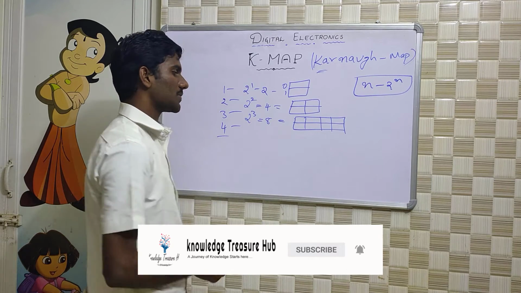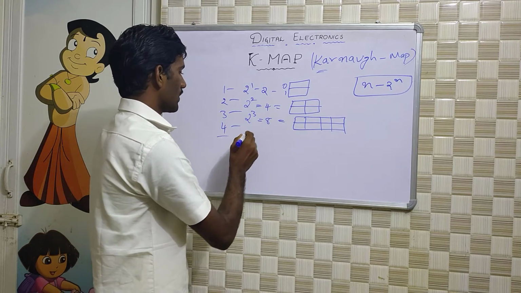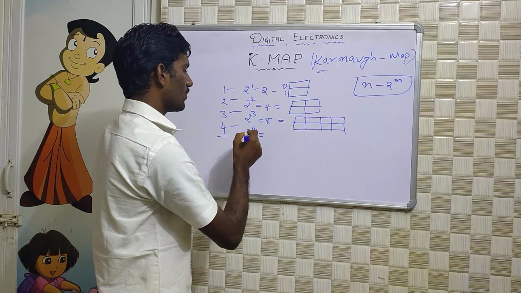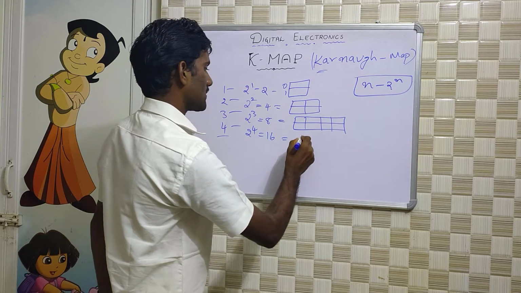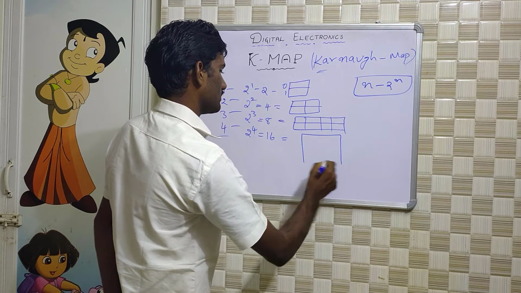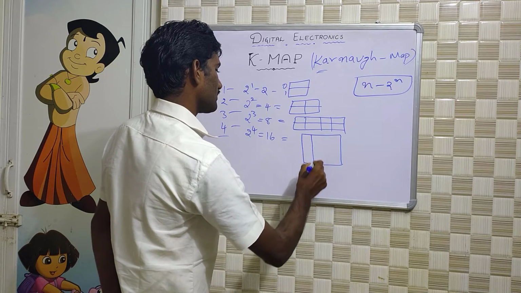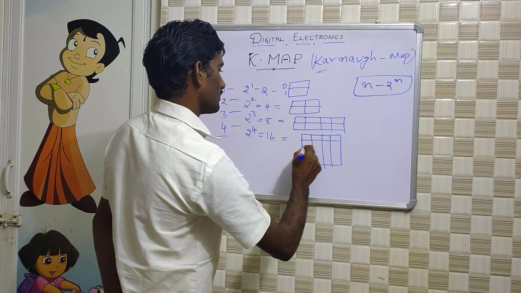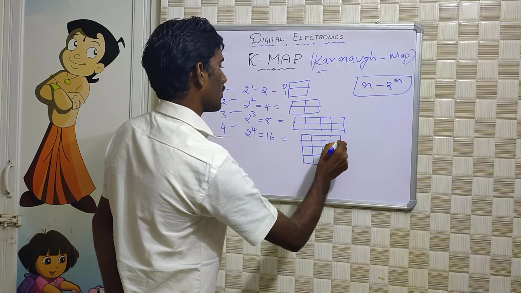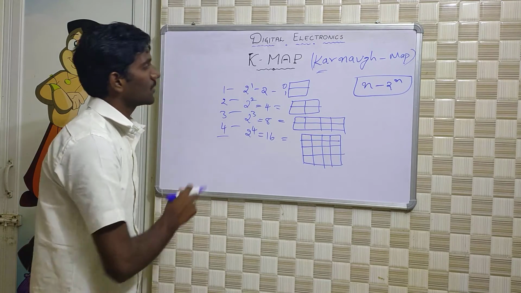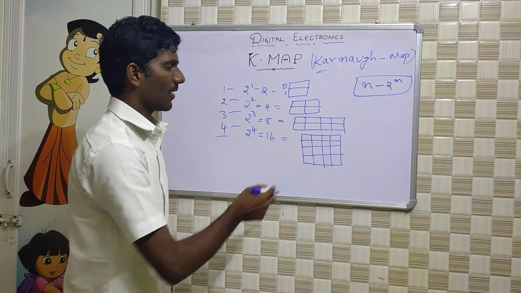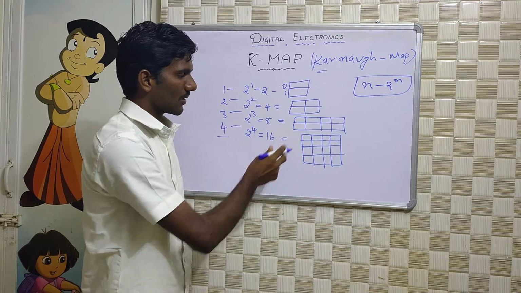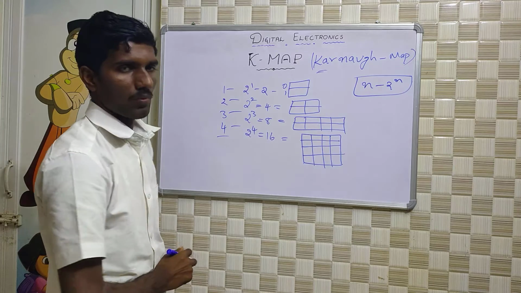So totally 8 cells for 3 variables. Similarly for 4 variables, we have 16 cells. So this is the number of cells, and next how the cells are arranged in the Karnaugh map.